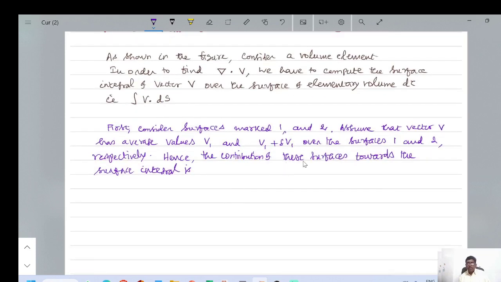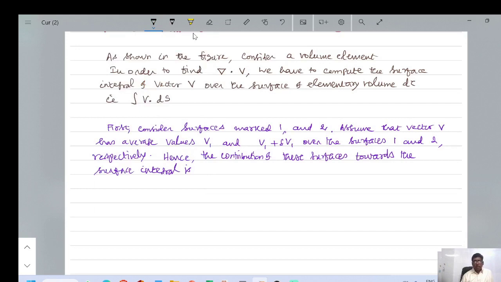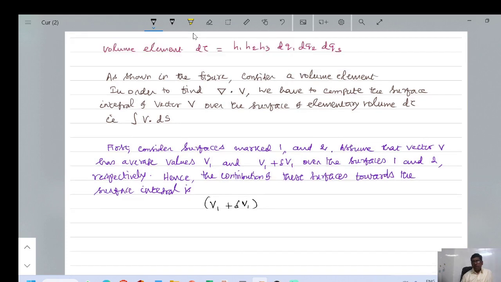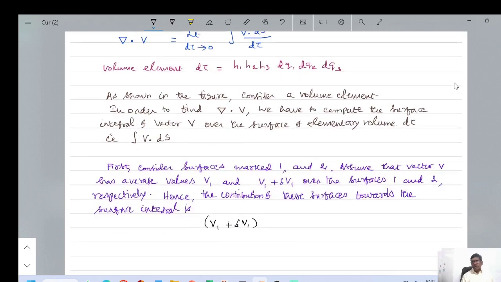Hence, the contribution of these surfaces towards the surface integral is v1 plus del v1, this is the value of the vector at this point, into then the ds value, h3 dq3 into h2 dq2.